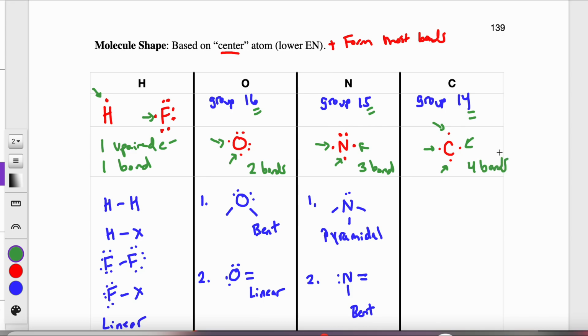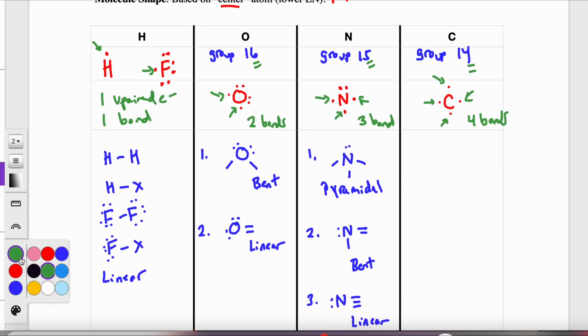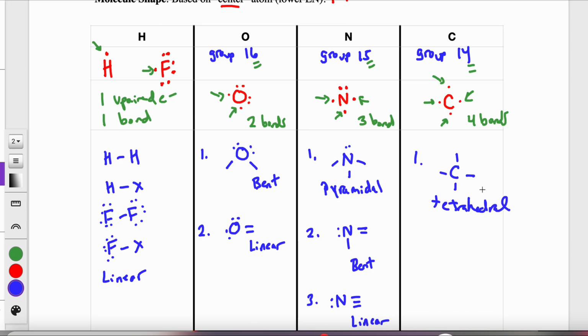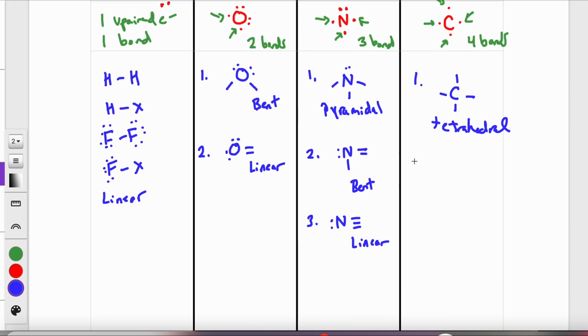Well, following the trend, there are 4 ways that this can be achieved. So the first method would be the group 14er forms 4 single bonds. And when we see 4 individual single bonds, we call this tetrahedral. Number 2, the group 14er could form 1 double bond and then 2 singles, and this is trigonal planar.